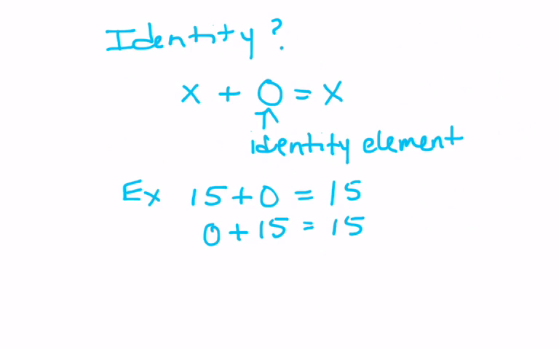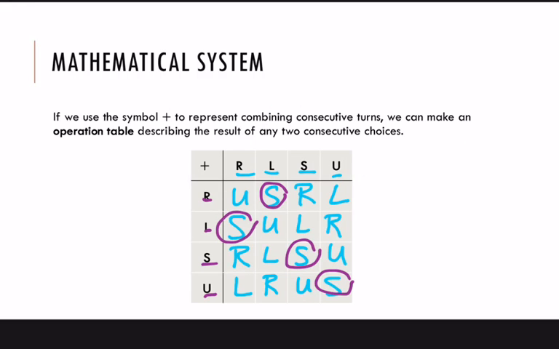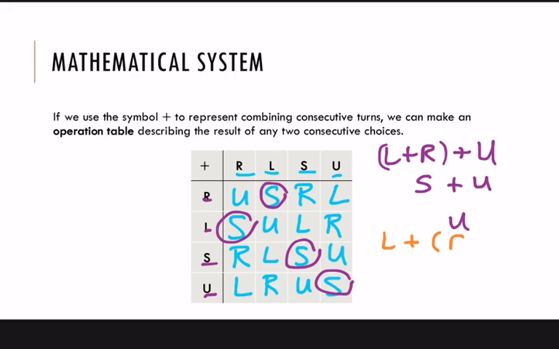Okay, so from your table, check (L + R) + U. Left plus right is a straight, and straight plus U is a U-turn. Okay, and then check L + (R + U). R plus U first is a left turn, and then left plus left is a U. Okay, and those match, those are equal.